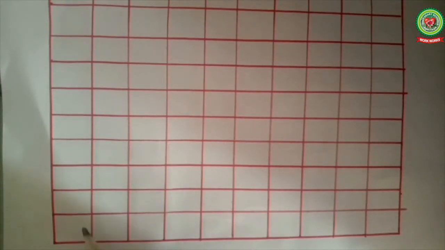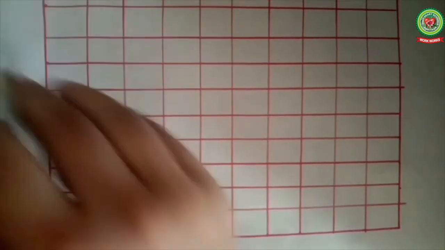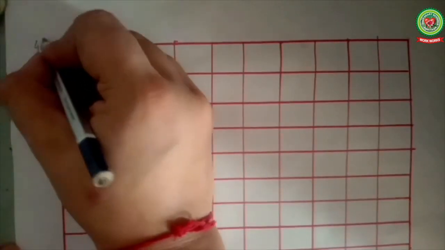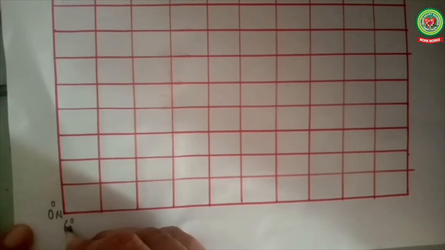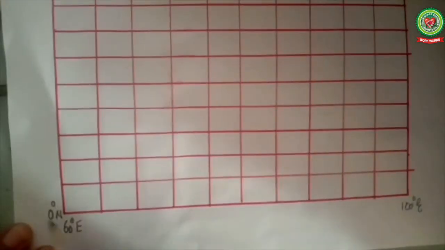On this sheet, they placed India and its adjacent countries between latitudes 0 degree north to 40 degree north and 60 degree east to 100 degree east longitudes.